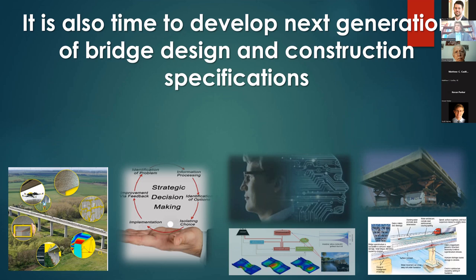We are using shapes that are not just I shape or box shape. In the AASHTO LRFD bridge design specification, other than chapters 1, 2, 3, 4, basically chapters 5 and 6, which are concrete and steel, we are mainly dealing with the I shape and box shape, right?